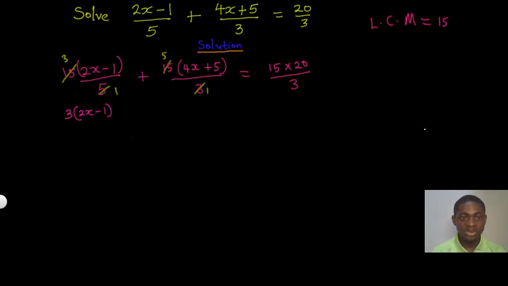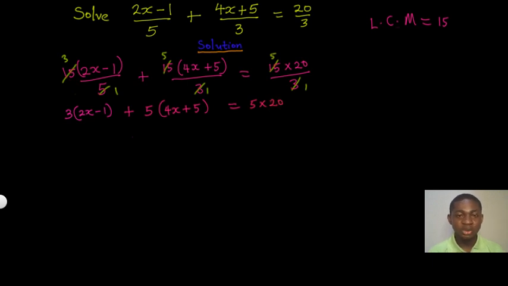So this becomes plus 5 open bracket 4x plus 5. We close the bracket equals, so here we can as well say 3 goes here, 1. 3 goes here, 5. So this also becomes 5 multiplied by 20.